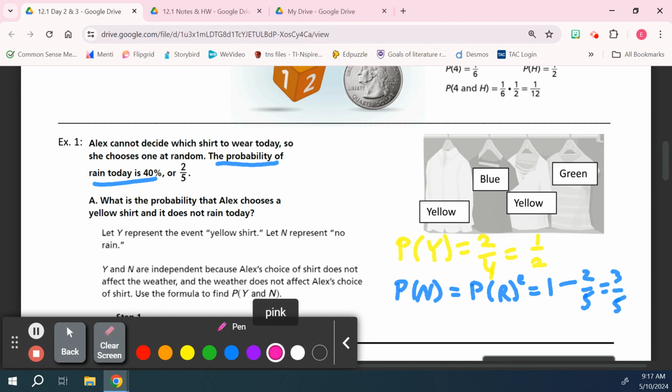All right, now if we want to find the probability of Y and no rain, it's going to be 1/2 times 3 over 5, which gives us a total of 3 over 10. Or you can say 30%. Questions on that?